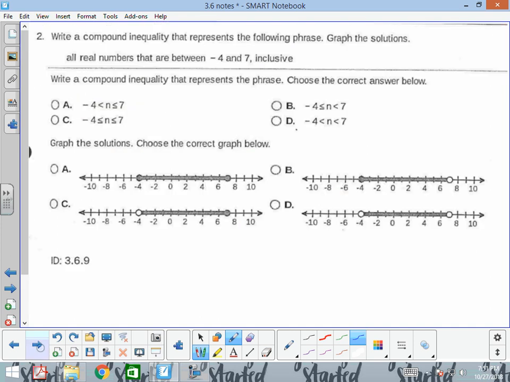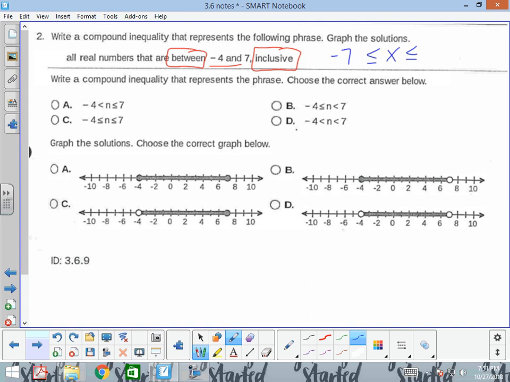Okay. Number 2, write a compound inequality that represents the following phrase. Graph the solution. All real numbers that are between -4 and 7 inclusive. So another between statement. We write those two less than symbols on either side of the x, and make sure we use the bars underneath them because it says inclusive.